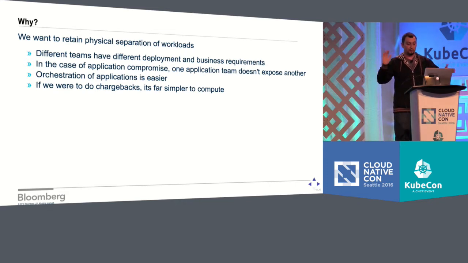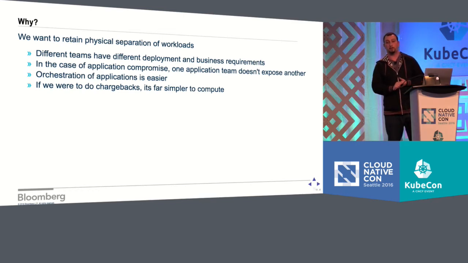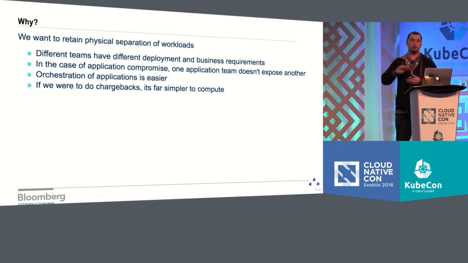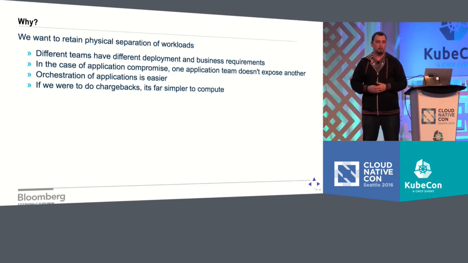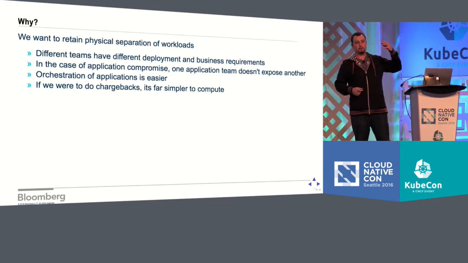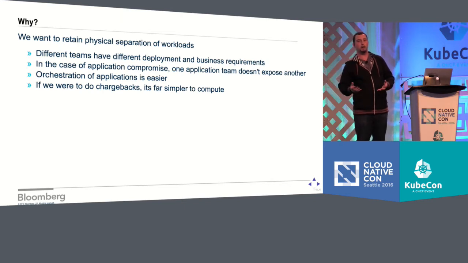So essentially, we kind of committed ourselves to maintaining and managing anywhere from dozens to possibly hundreds of small clusters across our network in order to deploy these applications. And we wanted to retain a physical separation of workloads. Like I said before, we have a lot of teams that have many different requirements. They have many different languages that they're implementing.